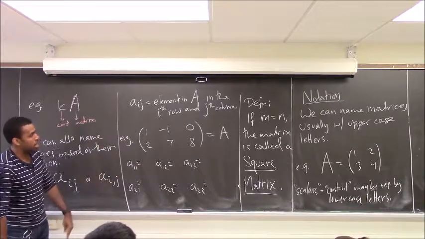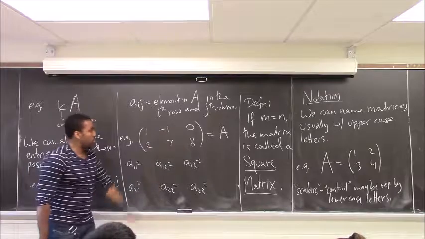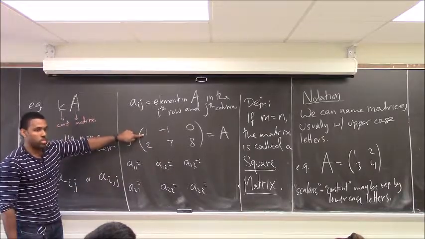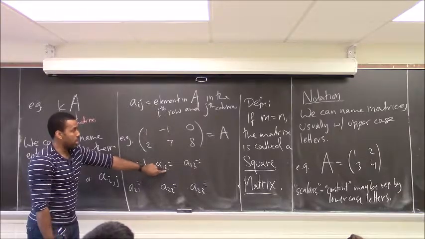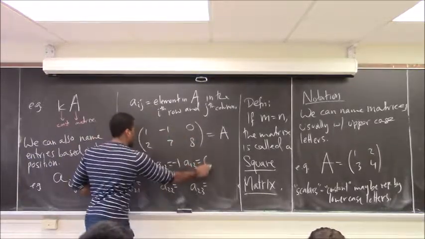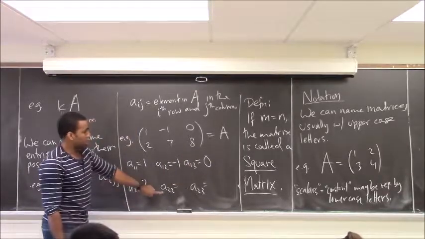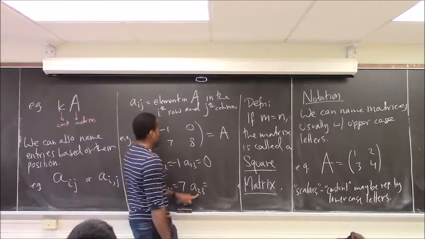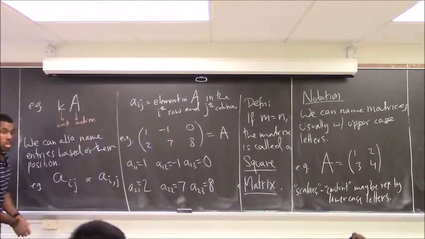Rows are numbered starting at 1 going down, and columns starting at 1 going right. So this is the number in the first row, first column. This is the number in the first row, second column, which is going to be that. First row, third column, which is going to be that. Second row, first column, is going to be that. Second row, second column is going to be that. Second row, third column is going to be that. So those would refer to the numbers in the matrix.